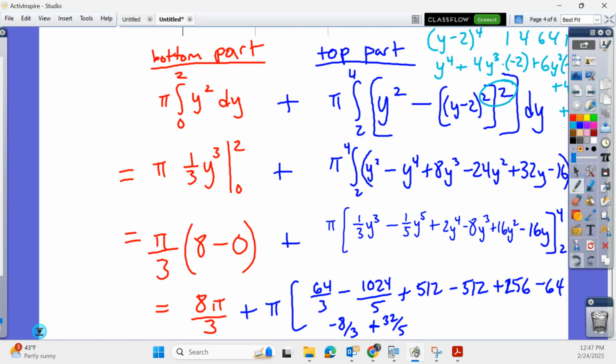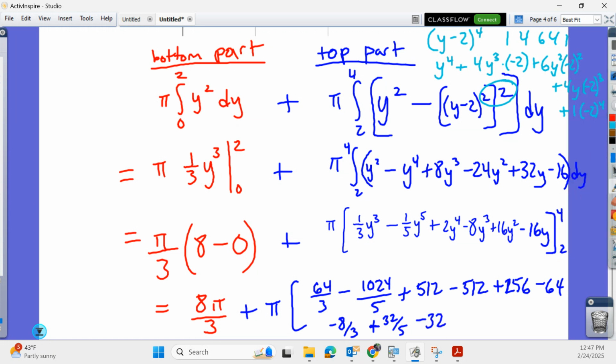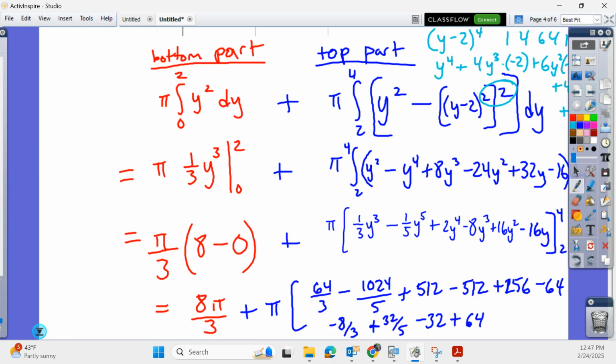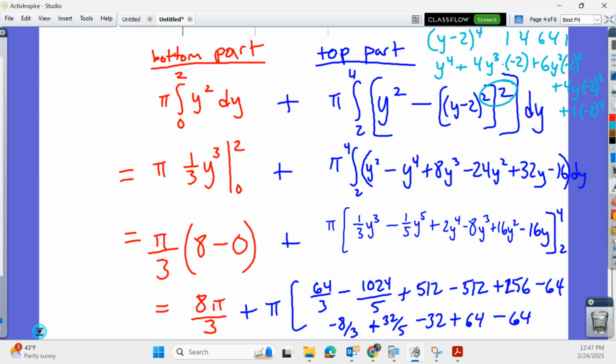And then I have minus 32. 2 times 2 to the 4th, so that's 32. And then I'm going to have a plus 8 times 8, which is 64. And then I'm going to have a minus 16 times 4, so that's minus a 64. And then plus 32. Okay, all that times pi.